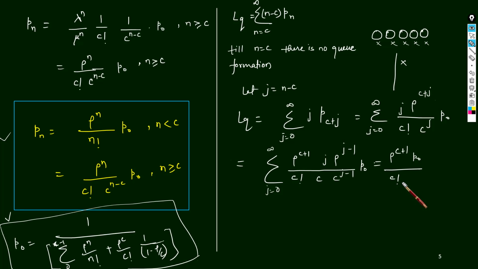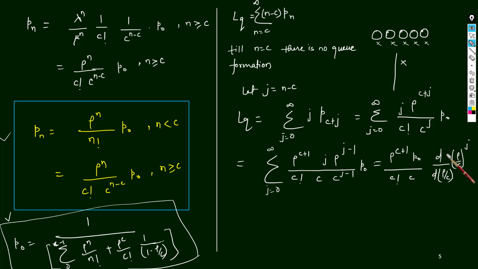C factorial will be taken out into C. Okay, and here this is remaining j into rho to the power j minus 1 c to the power j minus 1. So rho by c to the power j minus 1. That means we can write differential of, with respect to the rho by c, this is rho by c to the power j.